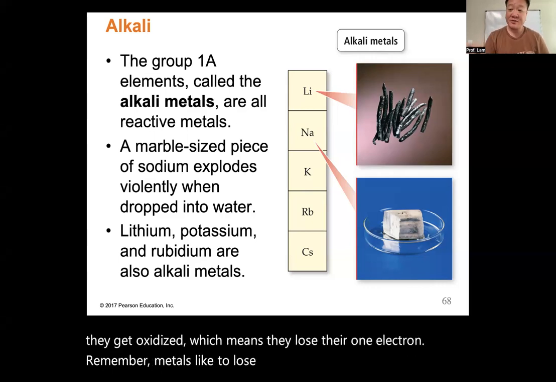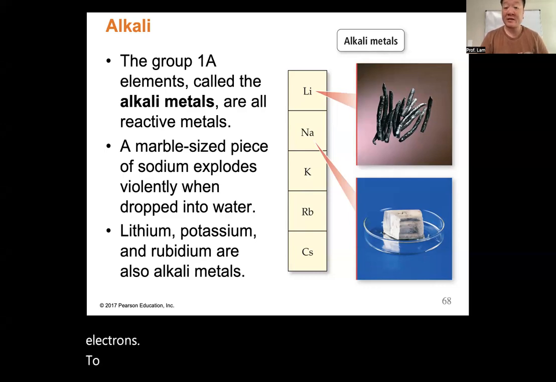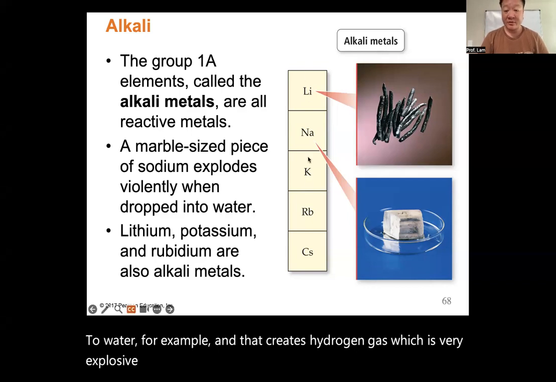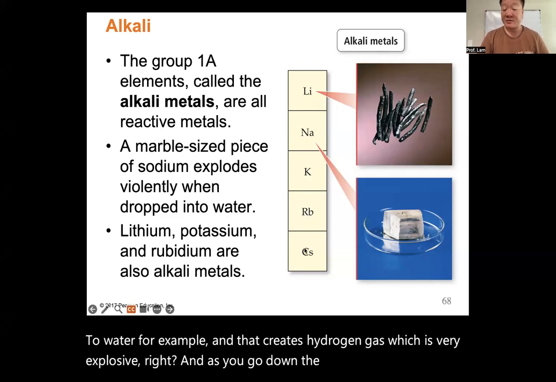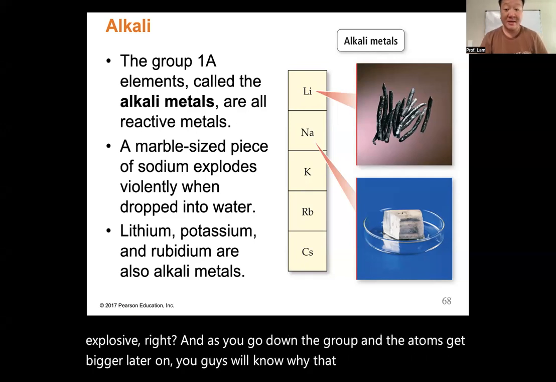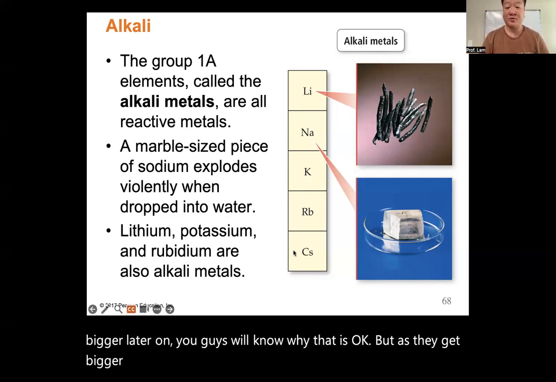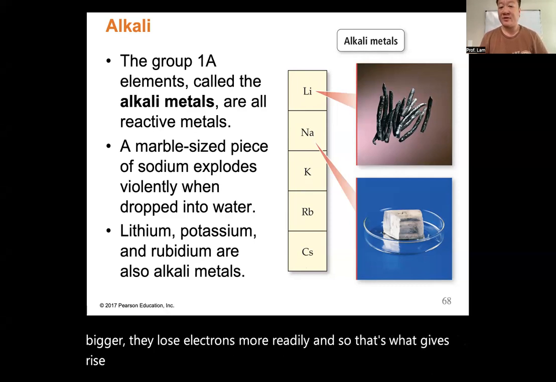So they like to lose their electrons to water, for example, and that creates hydrogen gas, which is very explosive, right? And as you go down the group and the atoms get bigger, later on you guys will know why that is, but as they get bigger, they lose electrons more readily. And so that's what gives rise to the increase in activity of these alkaline metals, right?